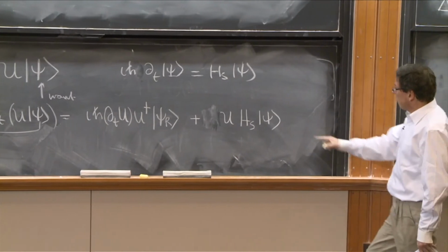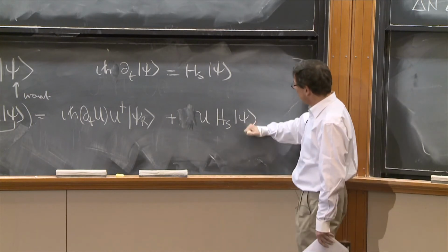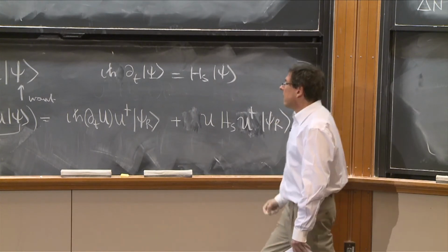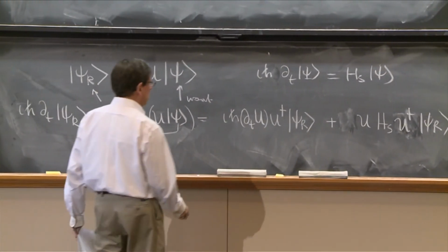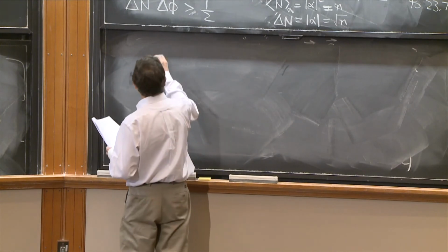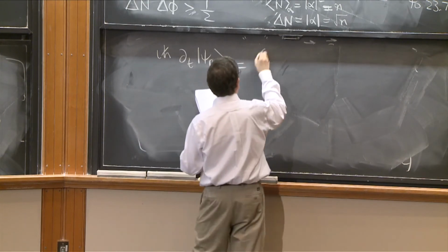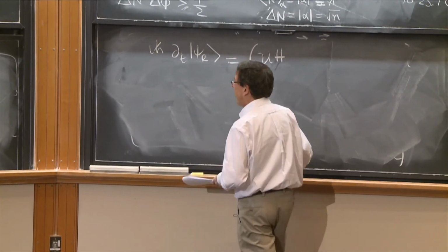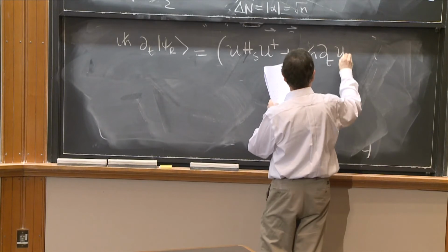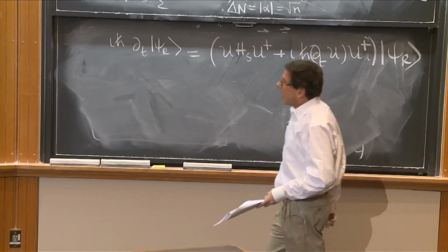And here I can, of course, put a U dagger U and put back the psi R. So actually, you now have a new Schrödinger equation, which is of the form i h bar d/dt of psi R is equal to U Hs U dagger plus i h bar dU/dt U dagger times psi R.